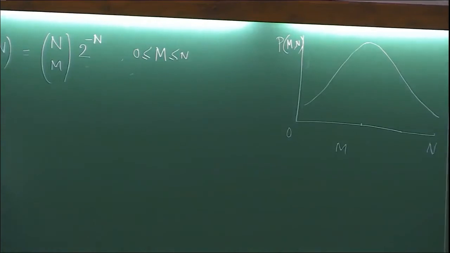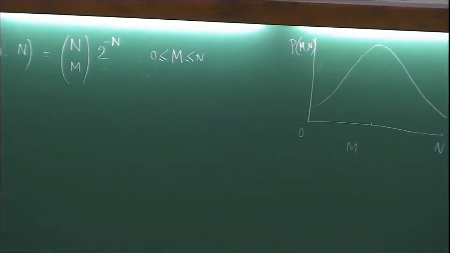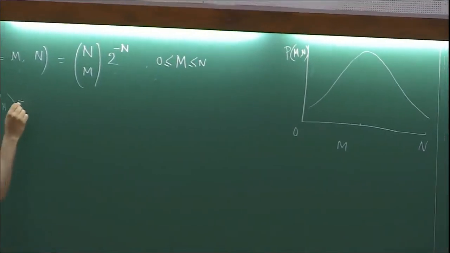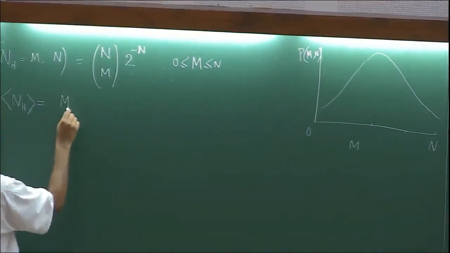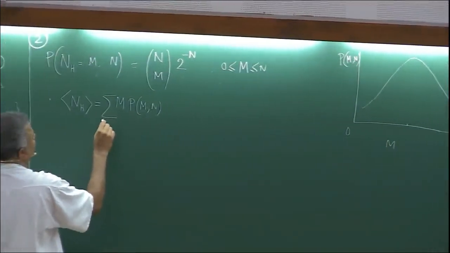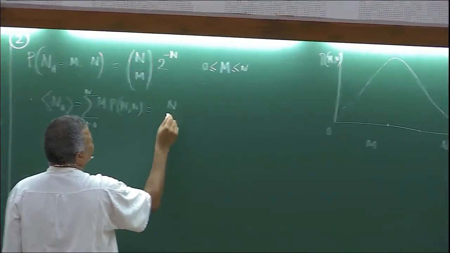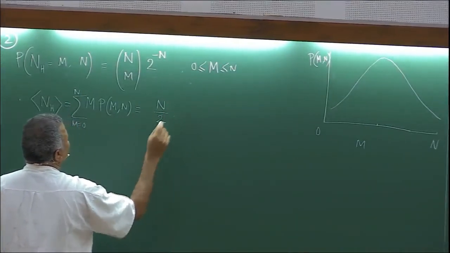Schematic drawing. First thing you can ask: what is the expected value of n_H? Trivially, I was told to give a pedagogical lecture, so this is really pedagogical, it is n by 2.